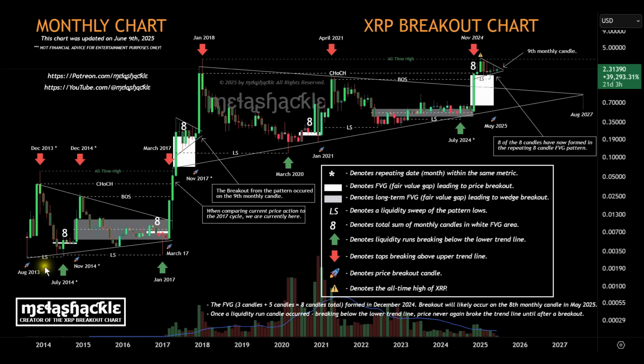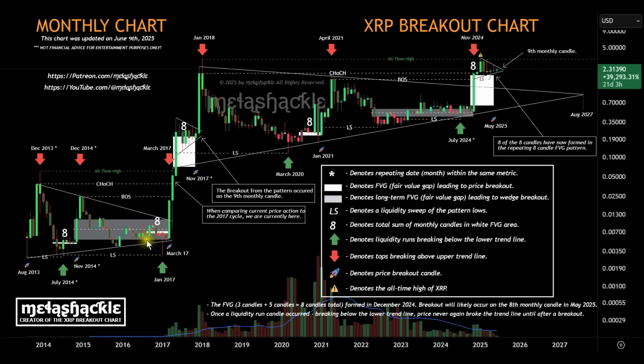Now, this pattern starts with the first 3 candles forming a fair value gap, which you can see represented by this white line, followed by 5 candles breaking out on the 8th candle. This has happened previous to every single major breakout in XRP's history since it started trading back here in August of 2013.